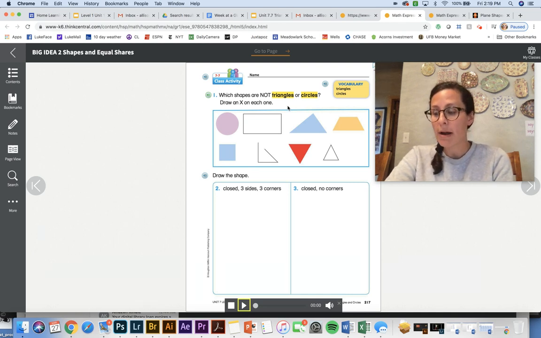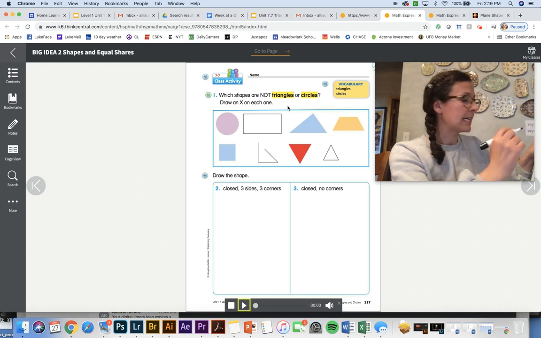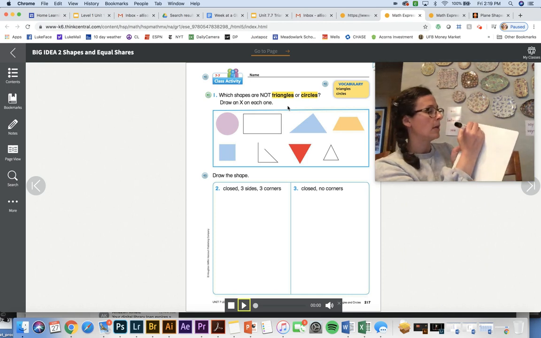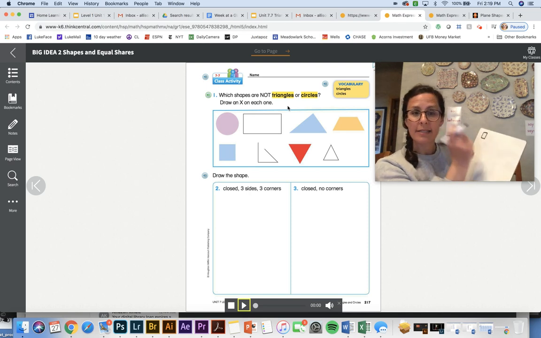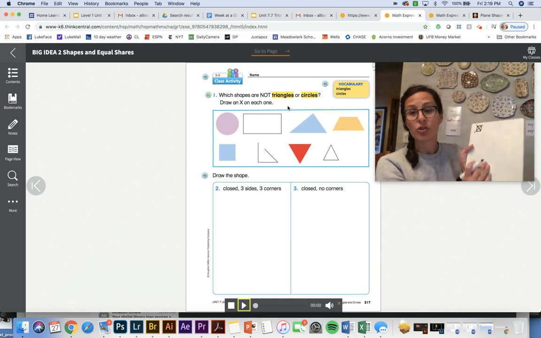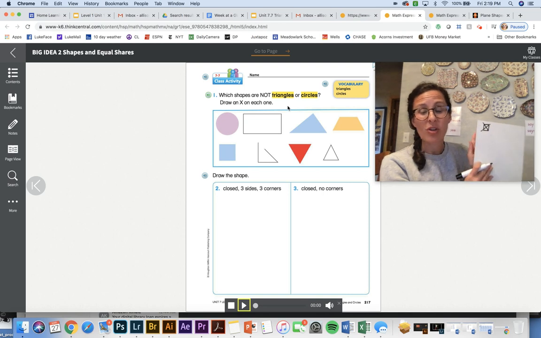So on your scrap sheet of paper, remember this does not have to look perfect, but you can go ahead and start to keep just a little list of the shapes that are not triangles or circles. And remember, triangles and circles are the only shapes we went over today. So for example, did you notice that I did my square right there?